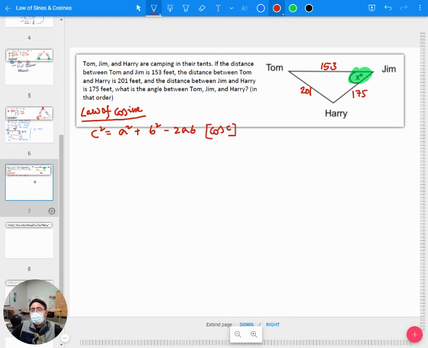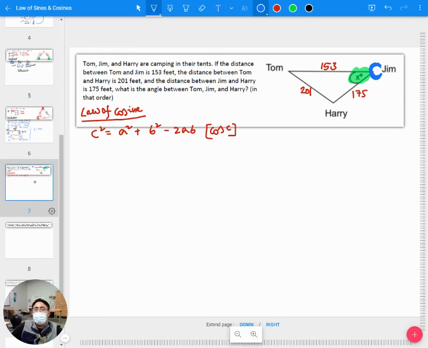Here, I will give you a small tip. While labeling the diagram, I see that this angle is to be computed. The angle which is to be computed may be placed here. Therefore, I prefer to take this one as C so that it becomes easy.